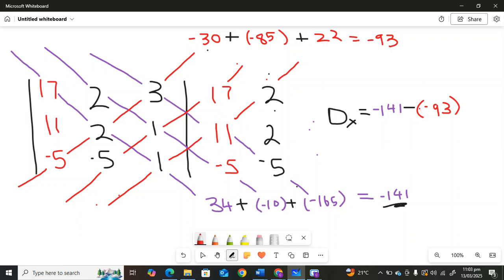Because negative and negative make positive. Negative 48, that's dx. Any questions?